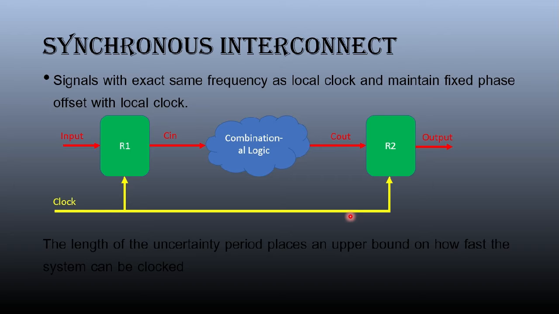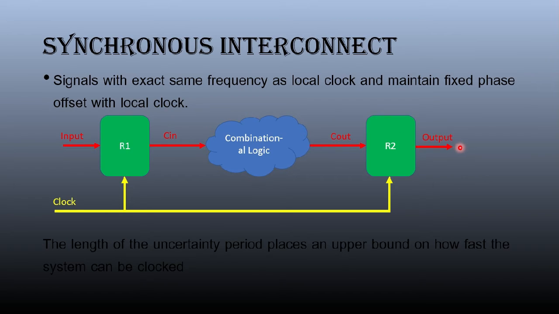I don't want to discuss them in detail, but there is some time for which this input to register R2 is not valid, which is the propagation delay of this signal itself. So that is restricted, and after that register R2 samples this signal with respect to the clock. Only at the positive edge of the clock can it sample the signal and transfer it to the output.